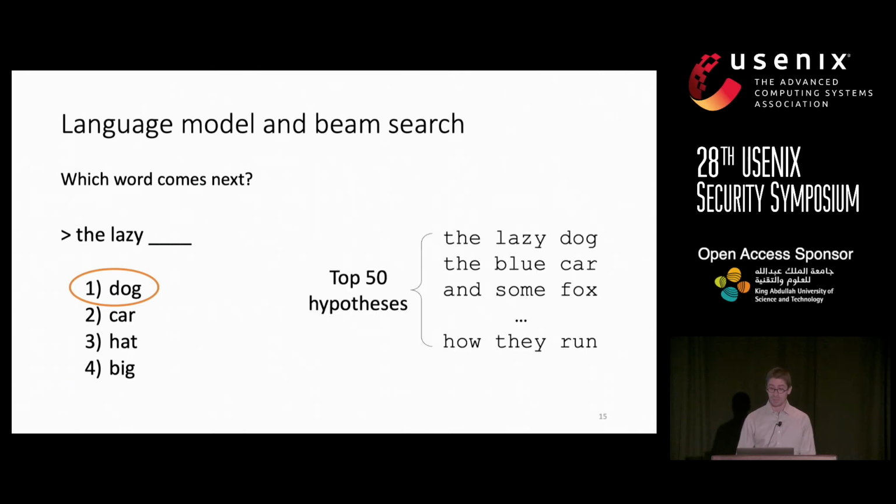Through a beam search, this gives us a list of hypothesis queries that closely resemble the English language. There's a parameter in the model that allows you to trade off weight between the language model and the timing model, which you can read more details about in the paper. But the end result is that we end up with a list of 50 hypothesis queries, and hopefully one of them contains the query that the user actually searched for.